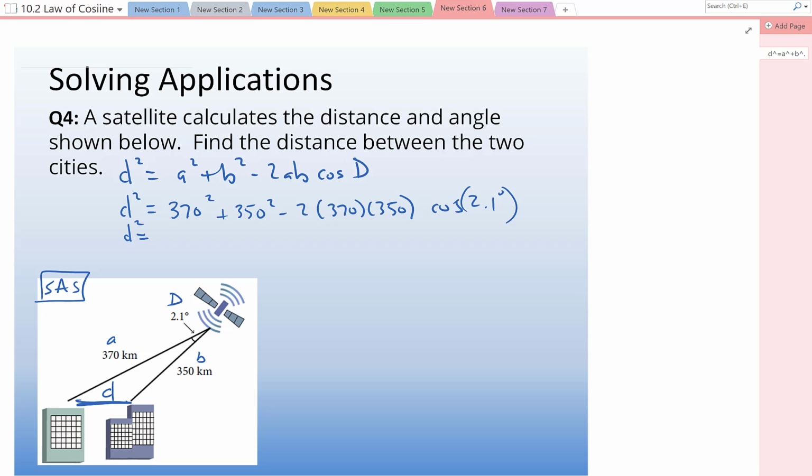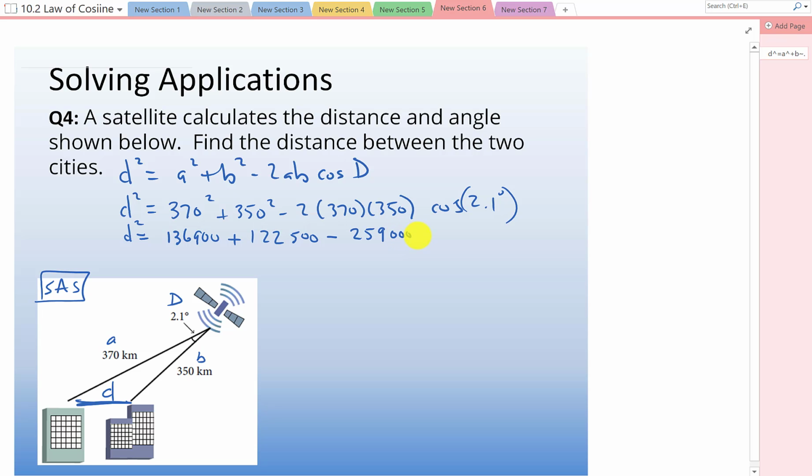We're going to have 136,900 plus 122,500 minus 2 times 370 times 350, which is minus 259,000.